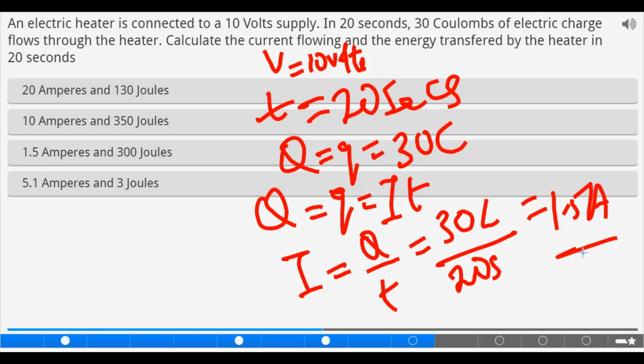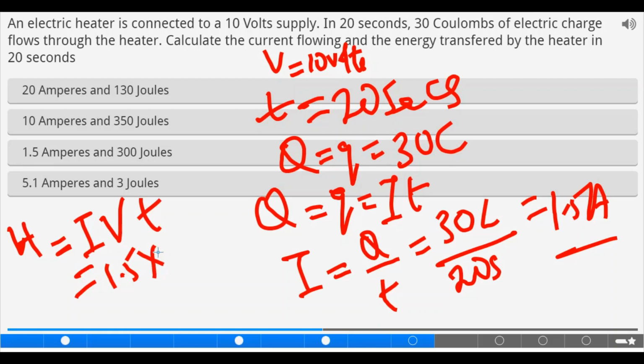Now, you have to calculate the energy transferred by the heater. Energy transferred by the heater H is IVT. So our I is 1.5 times V, which is 10, times T, which is 20 seconds. Remember 1.5 in fraction is 3 over 2, times 10 times 20.